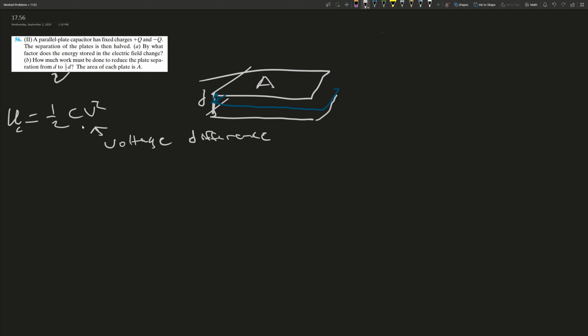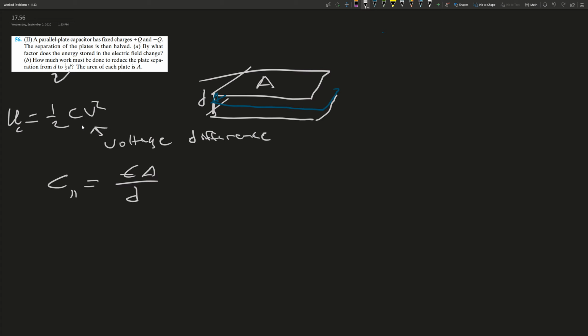and C is the capacitance of the particular capacitor, which can depend on a variety of factors, including geometry. But we know for a parallel plate capacitor, C is equal to epsilon A over D, because we don't know what the dielectric is in this case. So epsilon times the area of the capacitor divided by the distance between the plates.